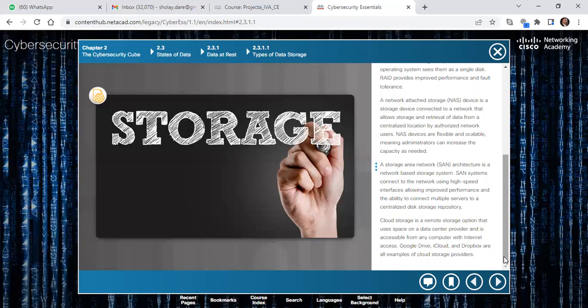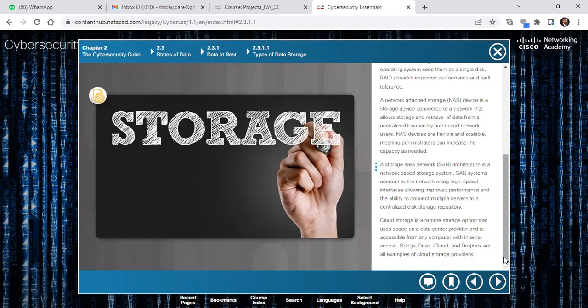Now, cloud storage is a remote storage. That's why they call it cloud, a remote storage option that uses space on a data center provider and is accessible from any computer with internet access. As long as you have internet access, you can access cloud storage. What are the cloud storage options you are looking at?